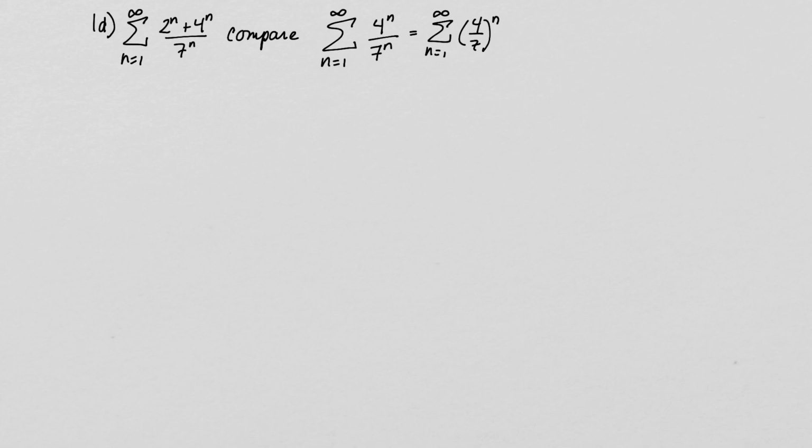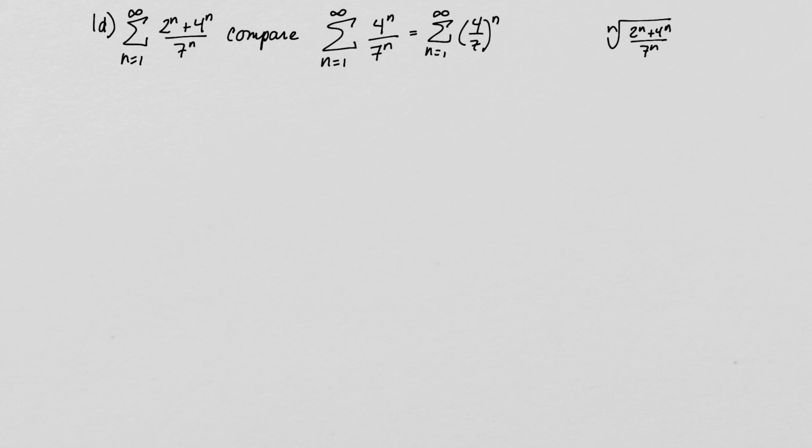The root test is not going to help you out a lot. Remember, with the root test we would look at the nth root of (2 to the n plus 4 to the n) over 7 to the n. It would only help you out with the bottom because the top has a plus sign.